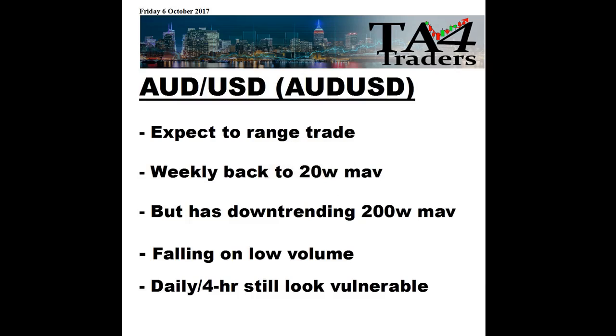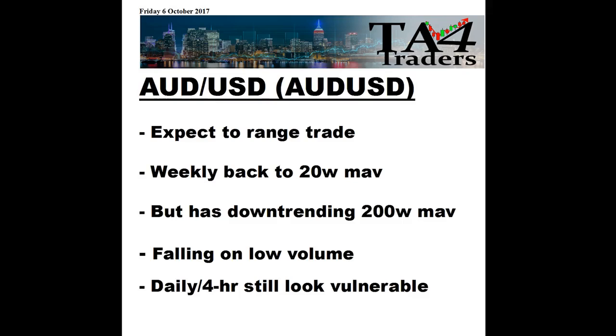So thanks for watching this video on the Aussie dollar against the US dollar. The key takeaways should be that we really expect a range trade. Weekly is back to the 20 week, but we also have the downtrend in the 200 week. There could be a pincer movement between the two.